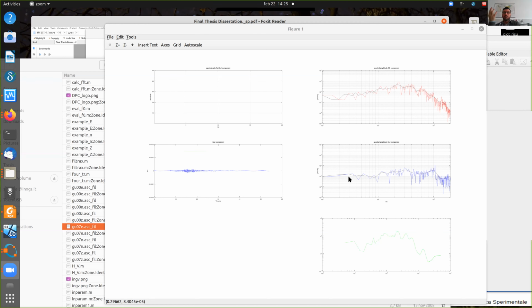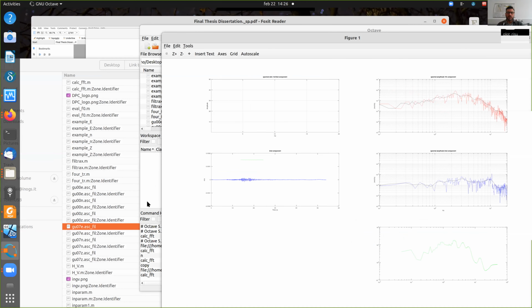Exactly, because the minimum frequency that I have in my FFT is equal to 1 divided by the length of the window, okay? So the longer the window, the lower the frequencies I will be able to reach. So if I redo the same, in this case, I can have a very good resolution.